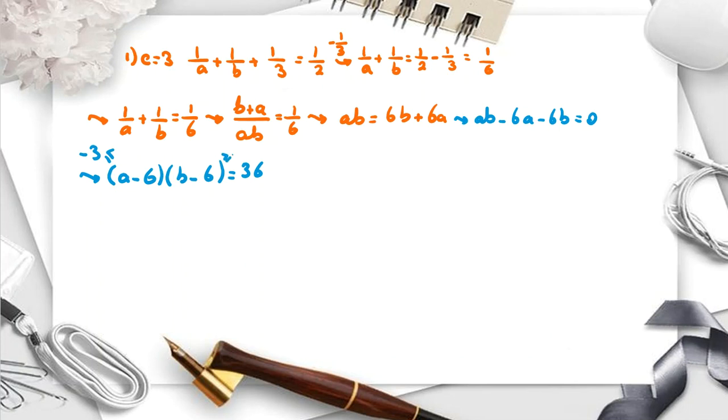Also, because a is greater than or equal to b, a minus 6 is greater than or equal to b minus 6. So first we can check 36 and 1. The next case is 18 and 2. The next case is 12 and 3. The next case is 9 and 4. The next case is 6 and 6. Because a is greater than or equal to b, we don't need to check the rest of the cases.